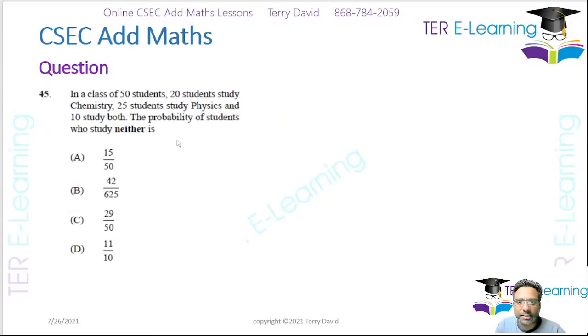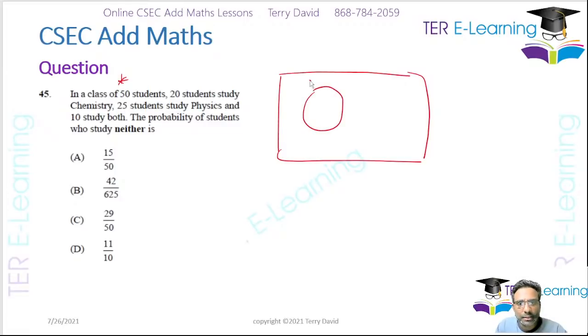And the last question. So we have 50 students. We have 20 students who study chemistry, physics. Some questions you may have to draw a Venn diagram. That's going to help you work out the problem. So we have chemistry and we have physics. There are 50 students in the class, so the number in my universal set is equal to 50.